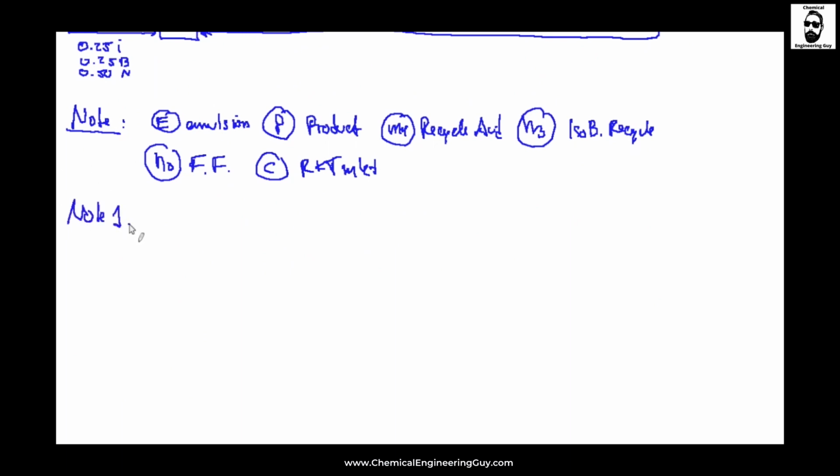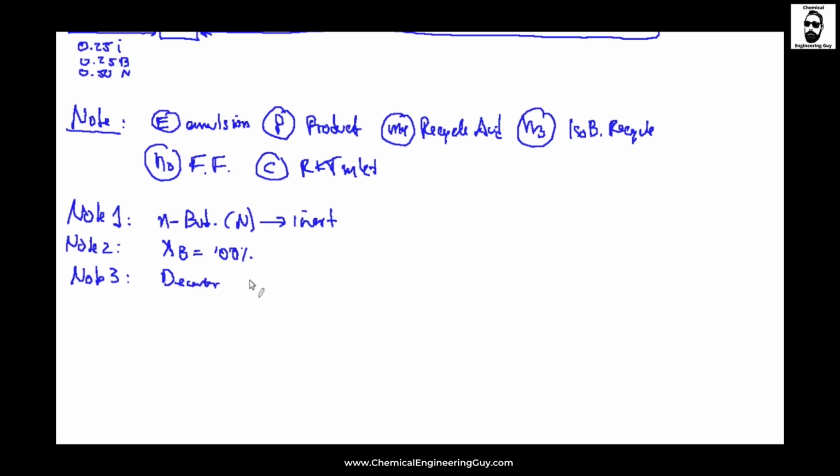So that's a note. Let me add some extra notes. Note 1: we're going to call N-butane N, and this guy is inert. Note number 2: we're going to assume conversion of the butylene to be 100%. Note number 3: many of these notes we already told you, but in the decanter, you separate M4 versus N1, N2, and N3.